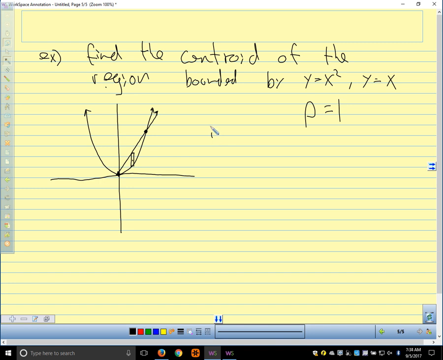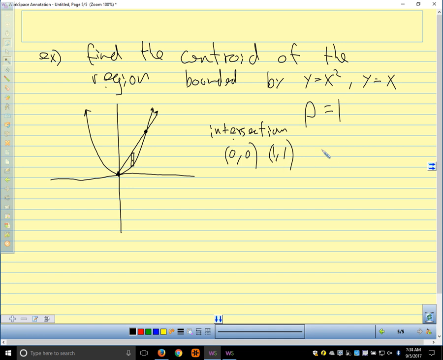So our intersections are at 0, 0 and 1, 1. Other types of regions, you might have to solve equations to figure out the points of intersection. And depending on the functions, that can be a tricky part of the problem, finding those intersections.